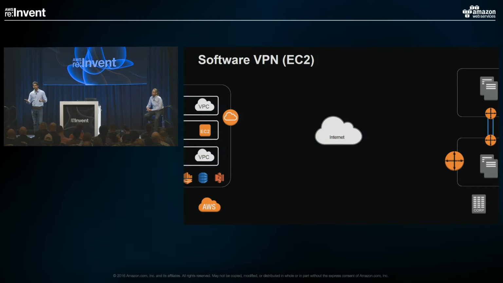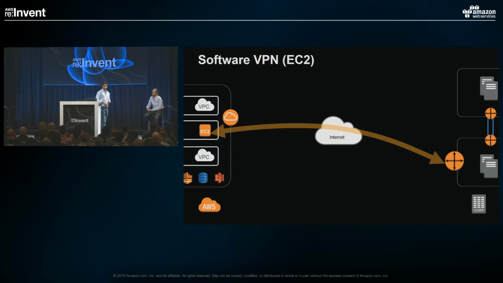This can be open source software like OpenSwan, or this can be vendor software like Juniper, Palo Alto, Cisco. You can also use Marketplace to one-click deploy vendor software, which will automate most of these deployment tasks for you, making it extremely simple.